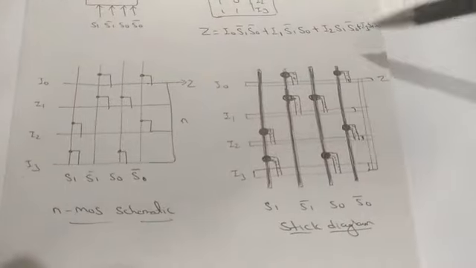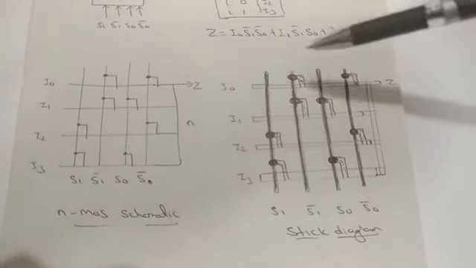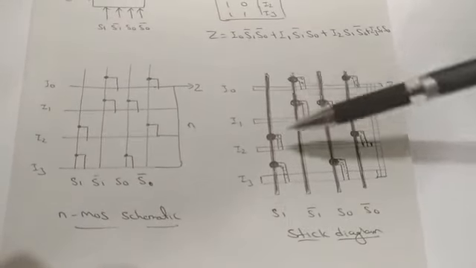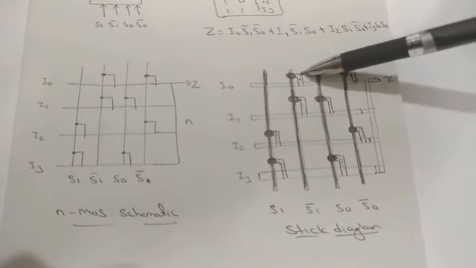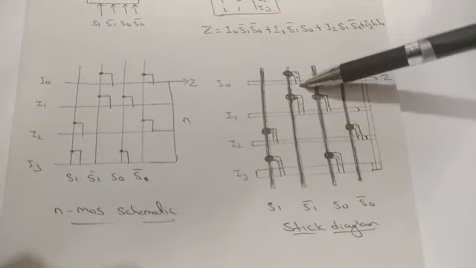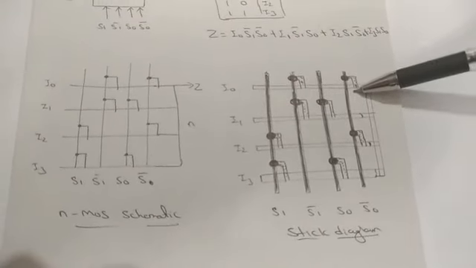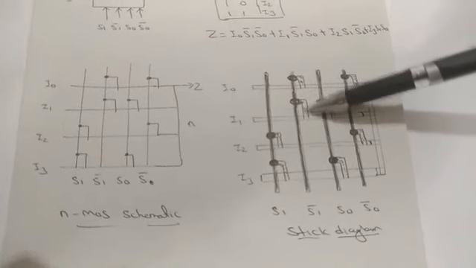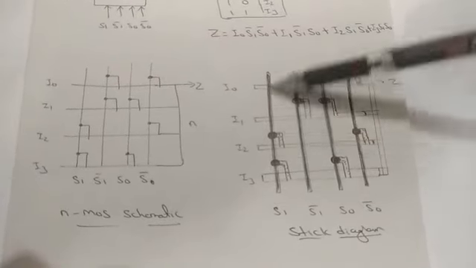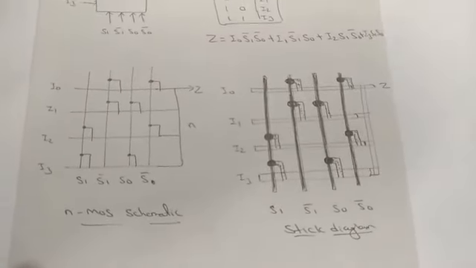For I0 it is S1 bar S0 bar. The gate is connected from metal to the n plus diffusion. The dotted lines represent your gate region, the dark lines represent metal, and I0 is represented with your n plus diffusion.